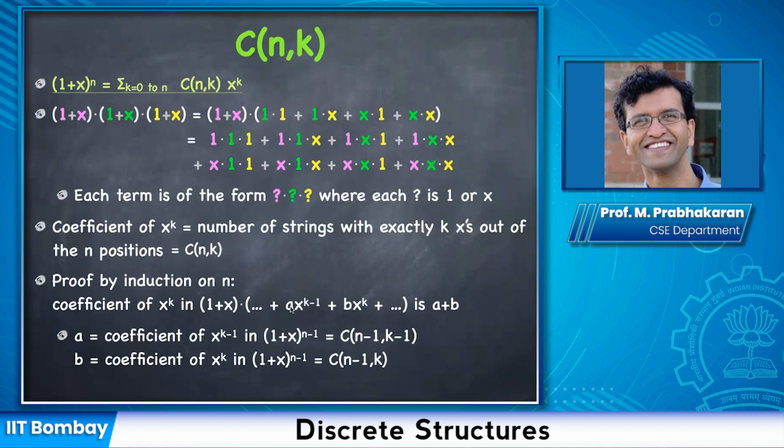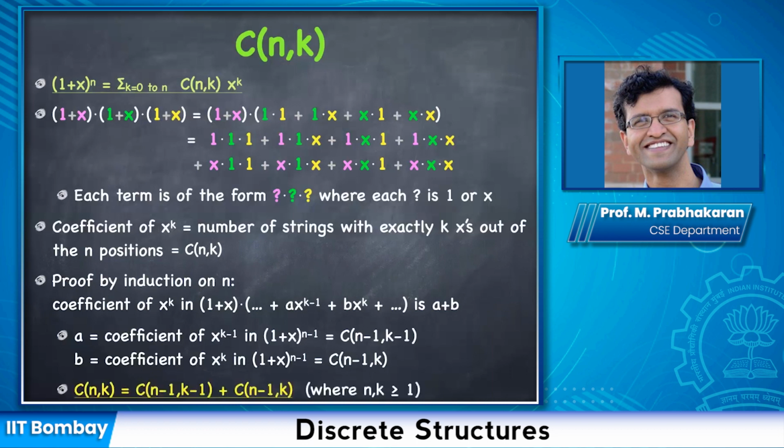And what is a and b? From the inductive hypothesis, these are both coefficients in the expansion of (1 plus x) to the n minus 1. So a is the coefficient of x to the k minus 1, so that coefficient is, by inductive hypothesis, C(n-1, k-1), whereas b is C(n-1, k).